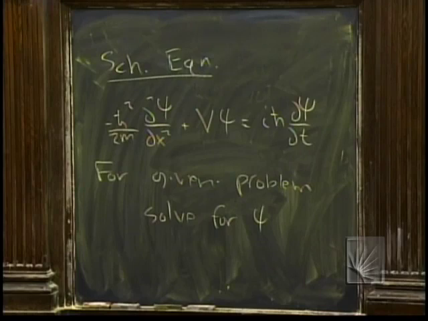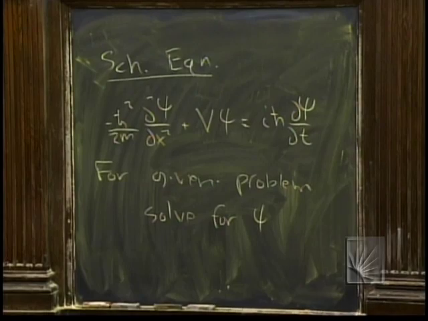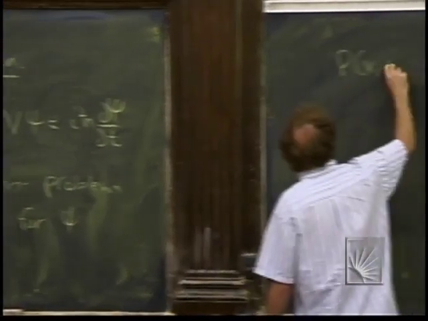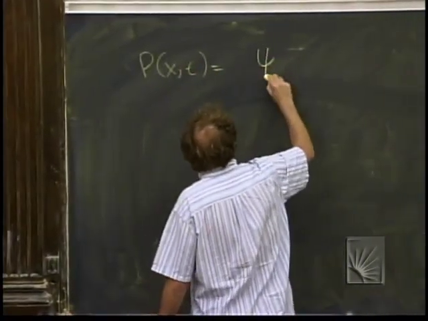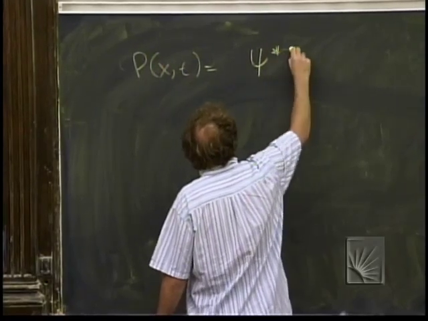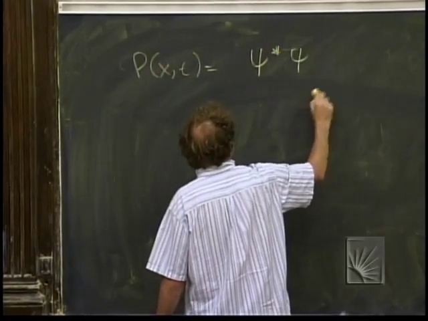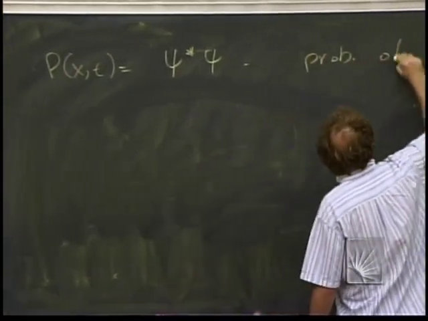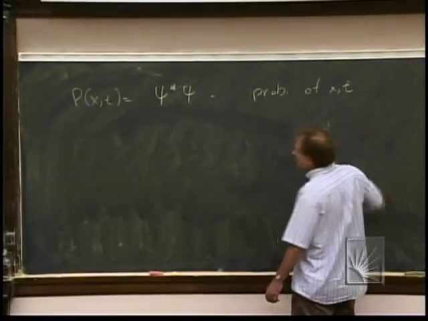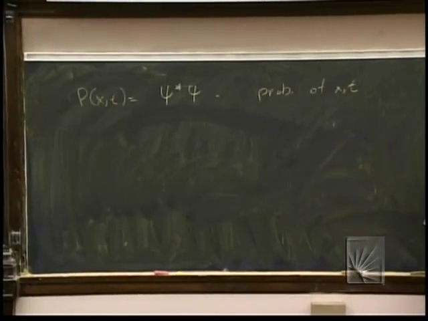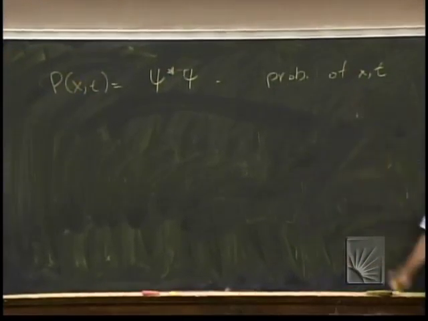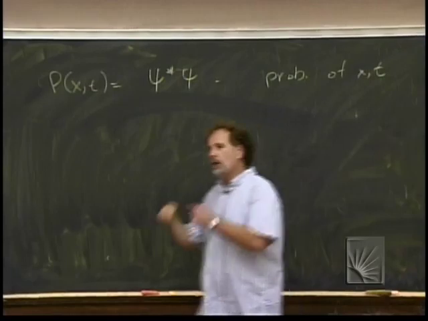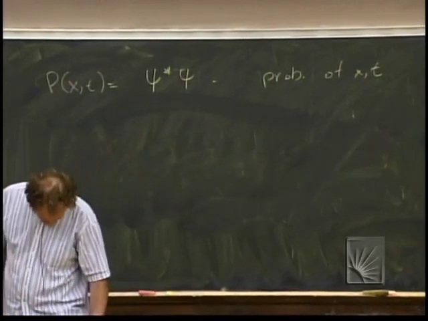And then I mentioned that we'll interpret the outcome as psi star psi. This will be the probability of x occurring and t occurring. And we're going to come back to this. We will go through examples of how you work that out.